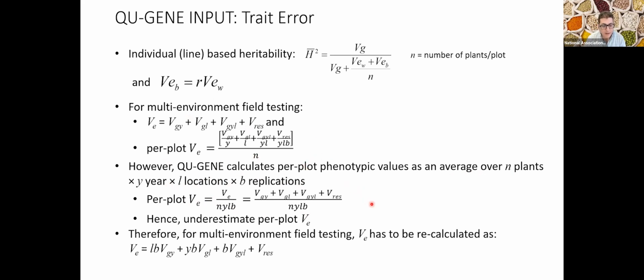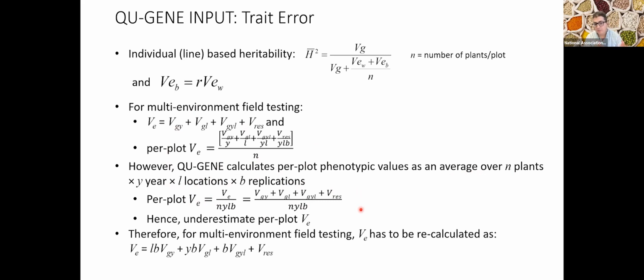We will look at how these are actually applied during the hands-on part, but essentially that's what we want to drill down to. Once you know the narrow sense individual heritability, line-based heritability, we can then take those various components, and these can be obtained from anywhere from the literature or from your own data.